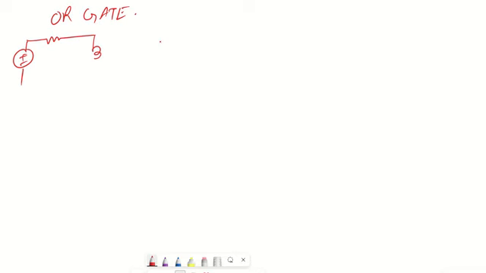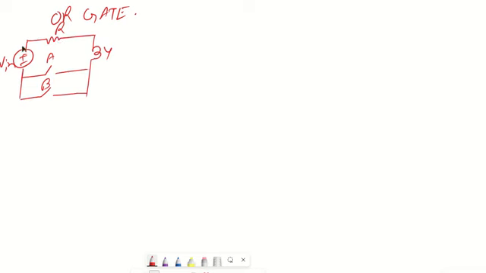The switches are connected like this, A and B. This is my switch A, this is my switch B. Can you tell me what will happen to the bulb Y? Whenever one of the switches is on, it will start glowing, because that path will be taken. If both are off, then only it will not glow, since the path will not complete.